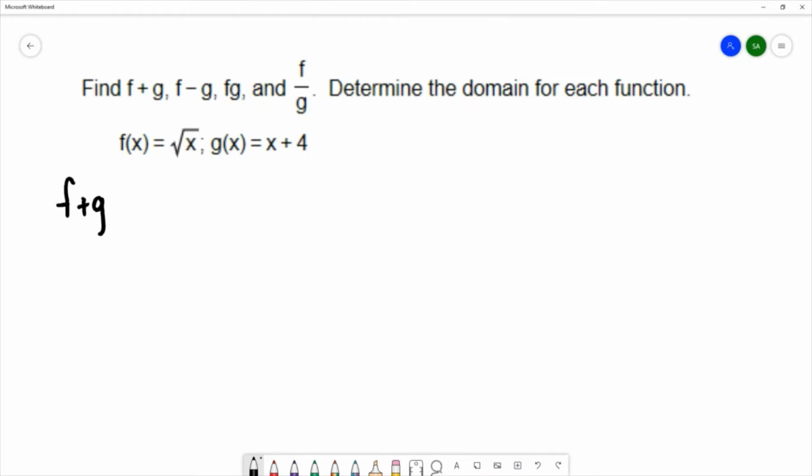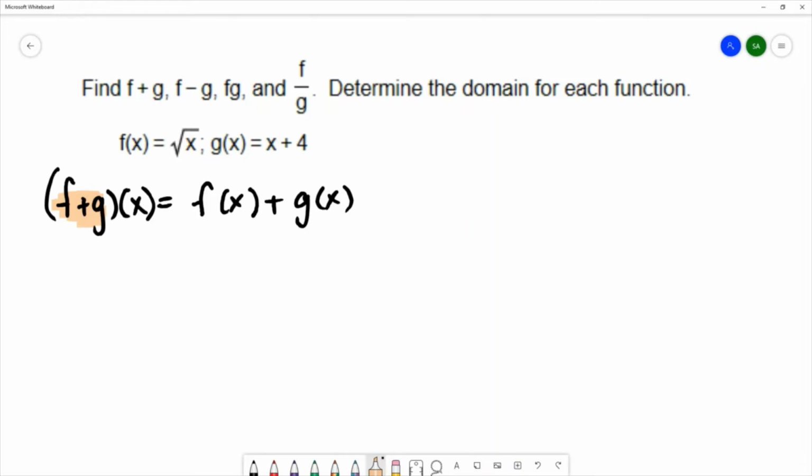f plus g of x will equal f of x plus g of x. So this notation of f plus g is telling us how to construct the function. It's telling us that we have a function named f of x, and f of x is square root of x.